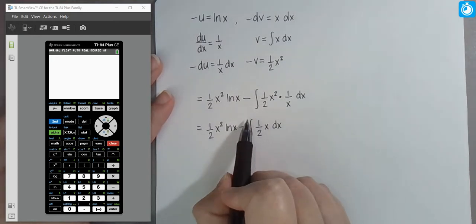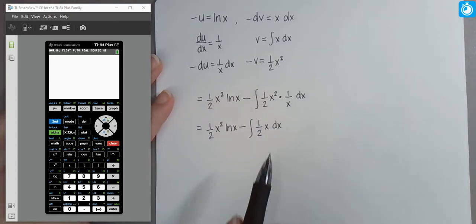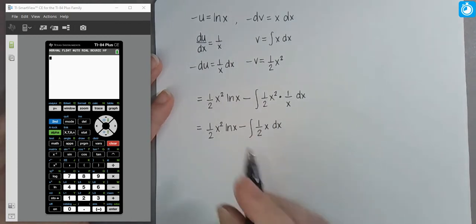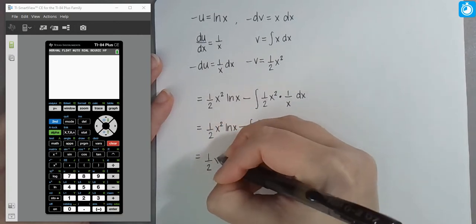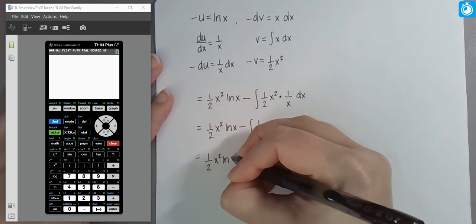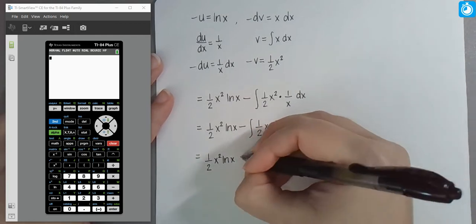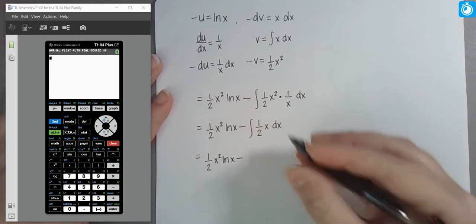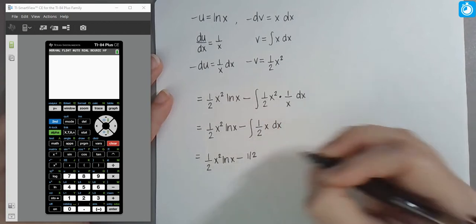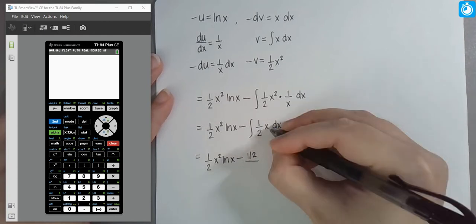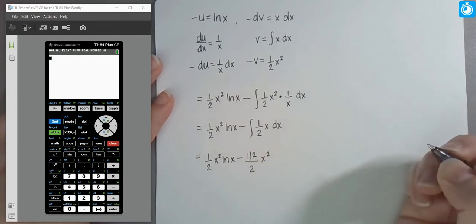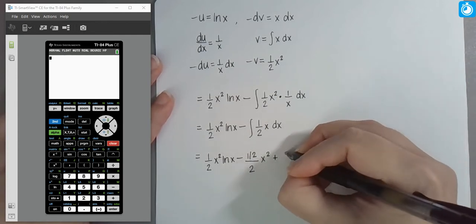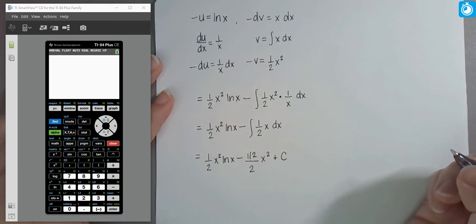We can integrate this directly just using the power rule. So either we can go ahead and pull the 1/2 out if we want, or if we know what to do with the exponent once we get it, then we can just leave the 1/2 and go from there. And I'm going to do that. So we have 1/2 x squared, natural log of x, minus 1/2 divided by our new exponent, which would be a 2, times x squared plus c.